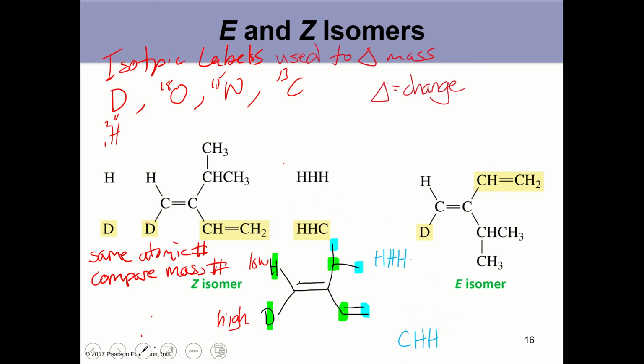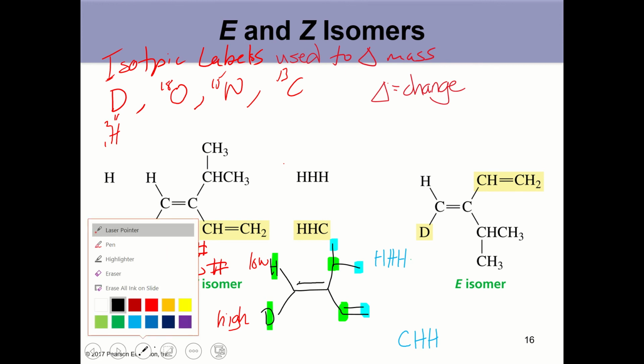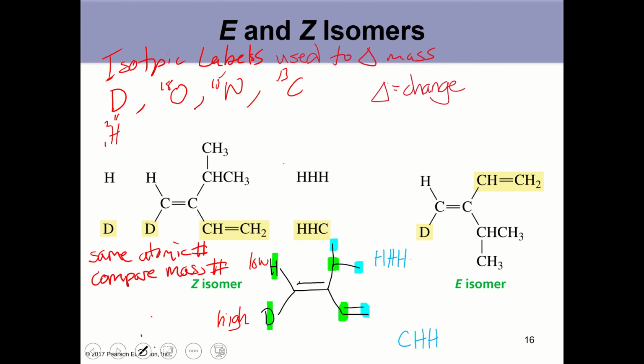So this has to do with the fact that it's a double bond, and we can say that the bottom group has a higher priority because that carbon has an additional bond to carbon that the blue carbon on the top does not have. So that is the Z isomer.